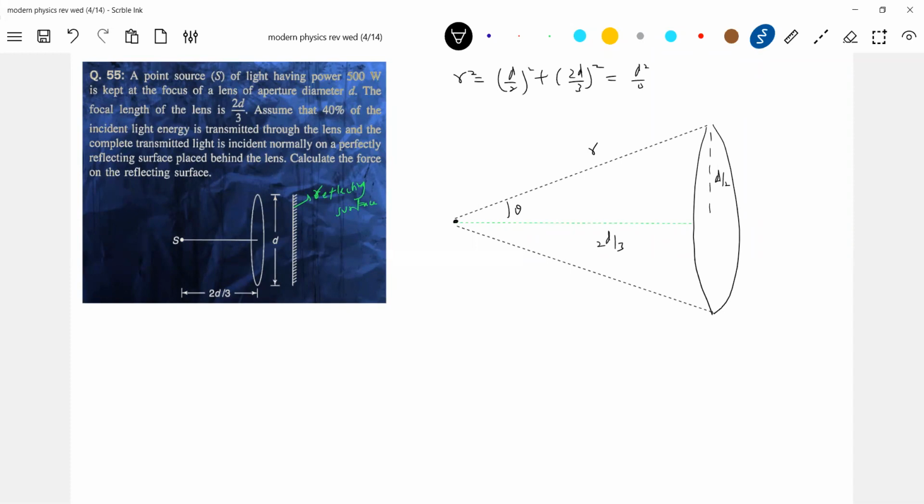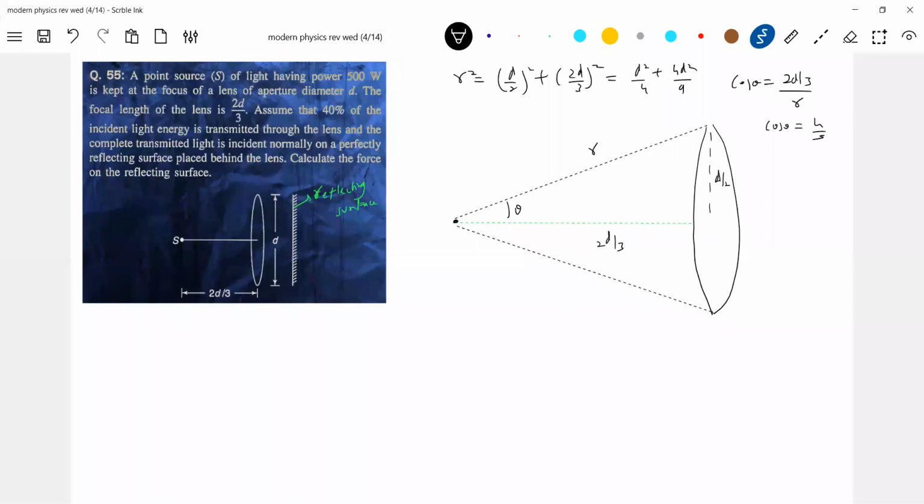So D square by 4 plus 4D square by 9. Then cos theta is equal to 2D by 3 by r. So cos theta is 4 by 5.